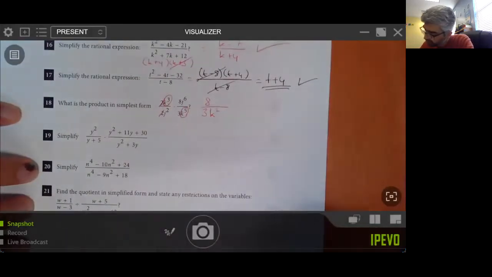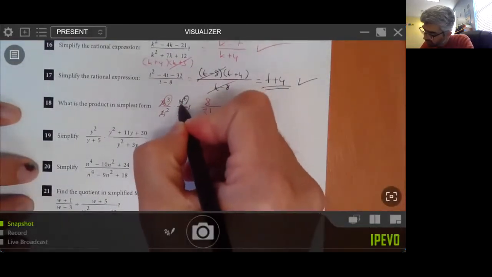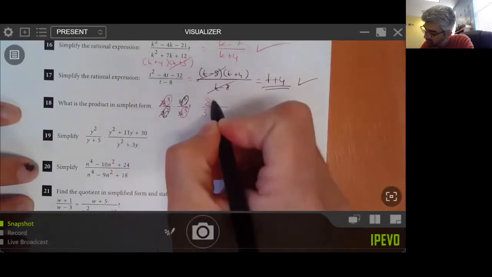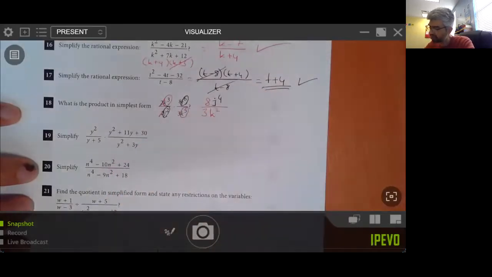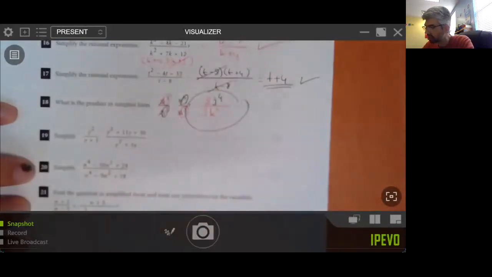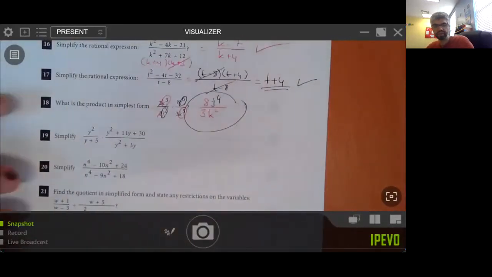And j to the 6 over j squared, I will have j to the power of 4. This is the result of the multiplication.